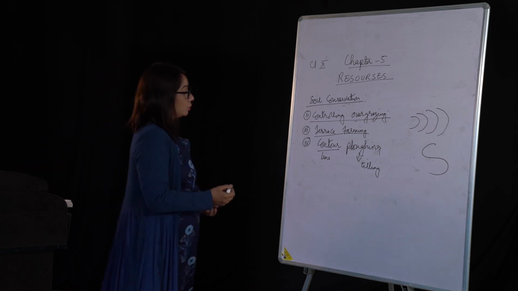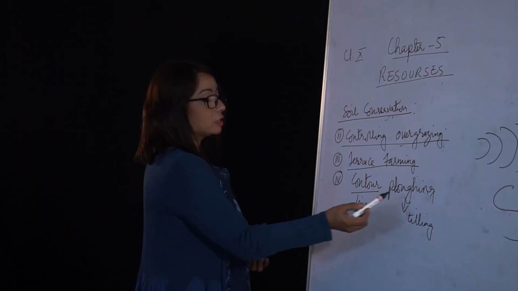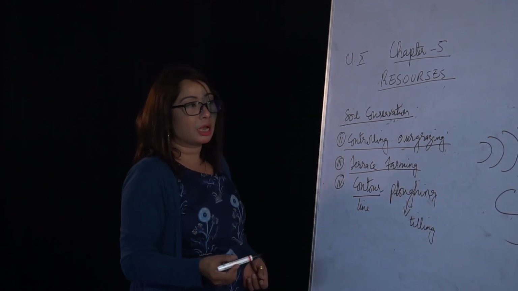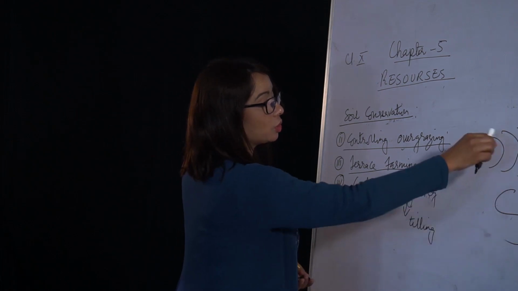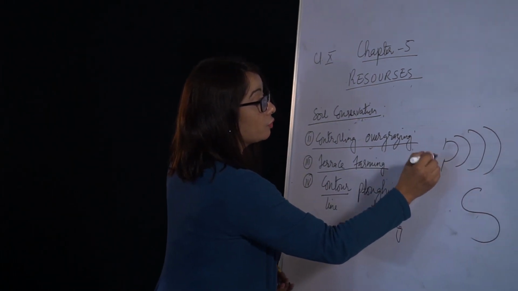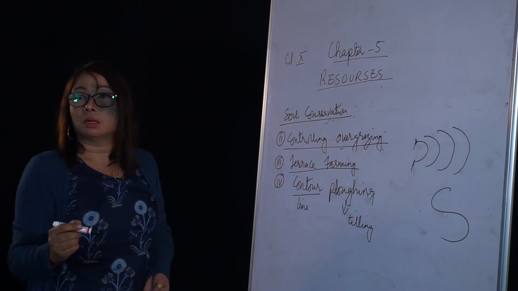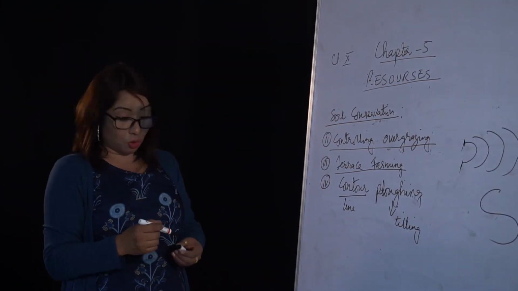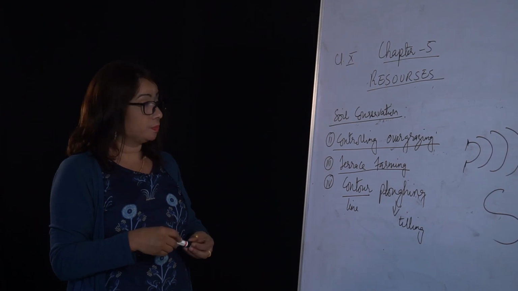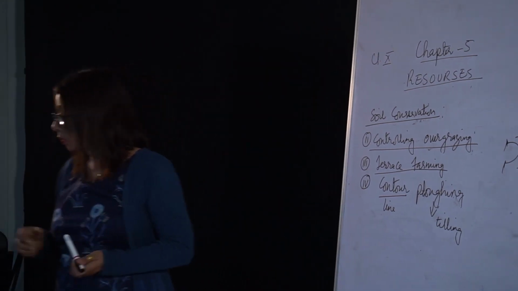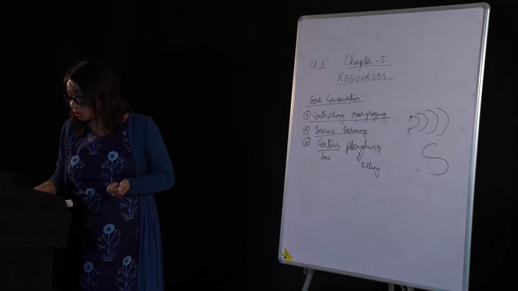So contour plowing is a type of farming where tilling is done along a line in the shape of C or S or others, joining 2 points of equal height, so that the surface runoff or the water is not allowed to pass down and water is retained.